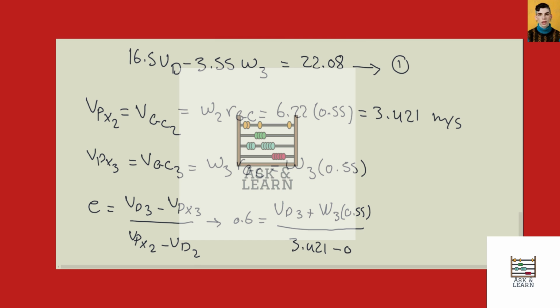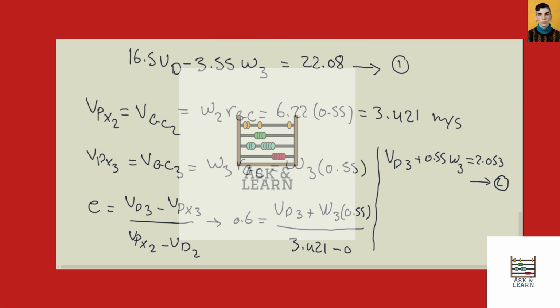So we can get from this an equation that VD3 plus 0.55 omega 3 equals 2.053, and this is equation number 2.